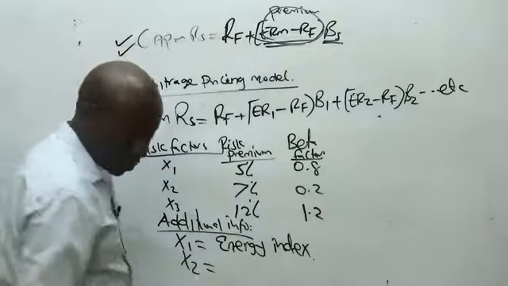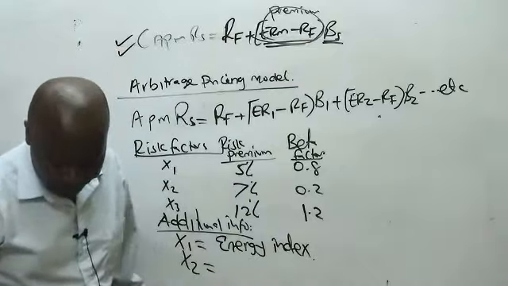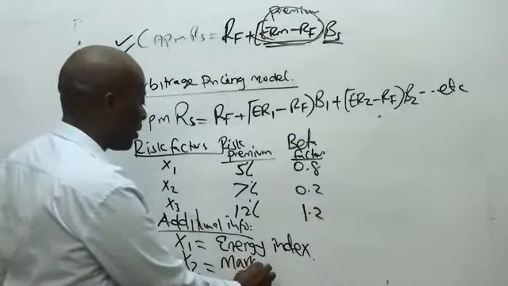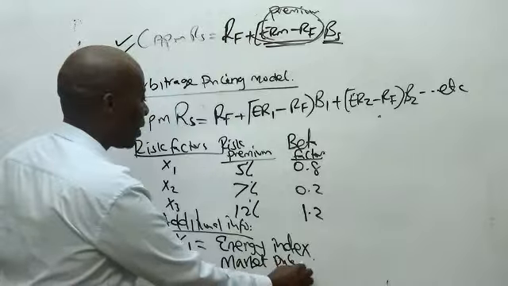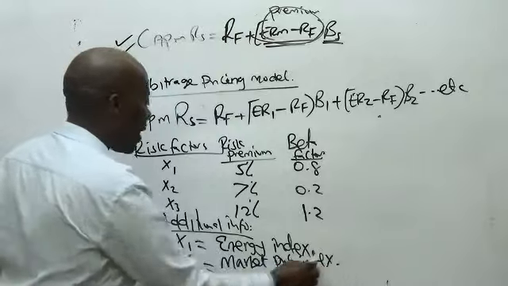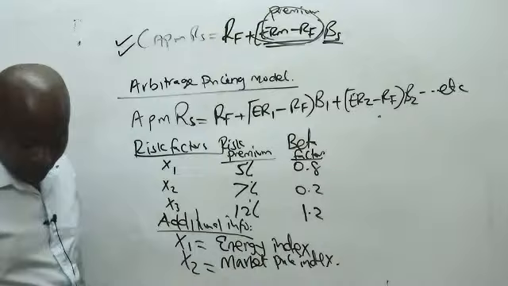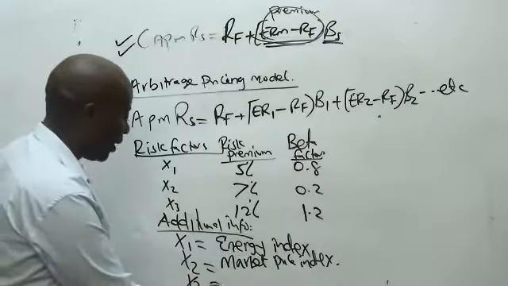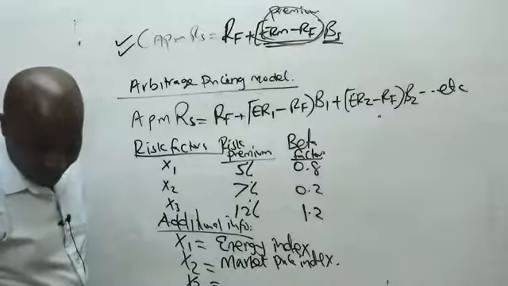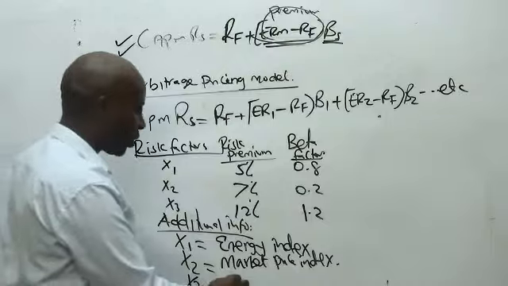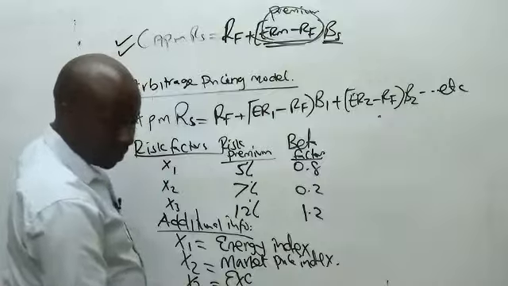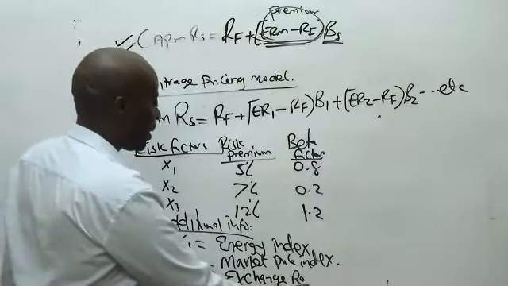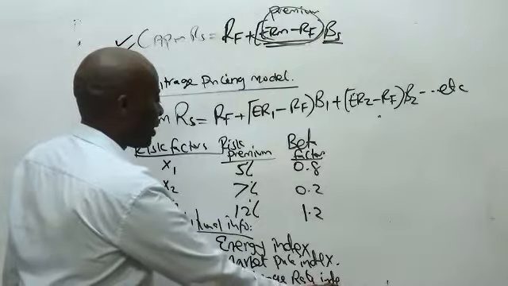Then we have X2, which is a market price index. And then we have X3, which represents an exchange rate index.